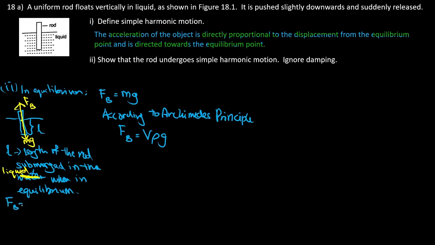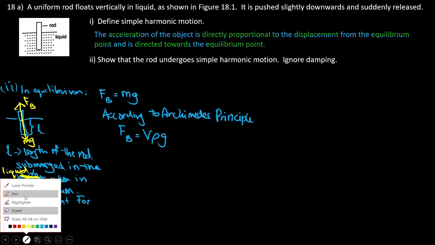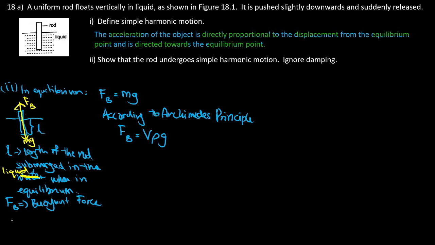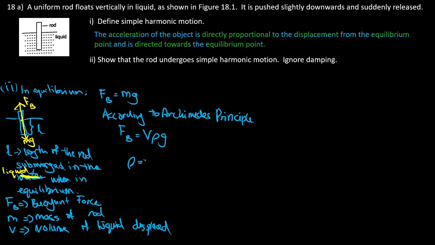Fb is the buoyant force, m is the mass of the rod, V is the volume of liquid displaced, and rho is the density of your liquid.